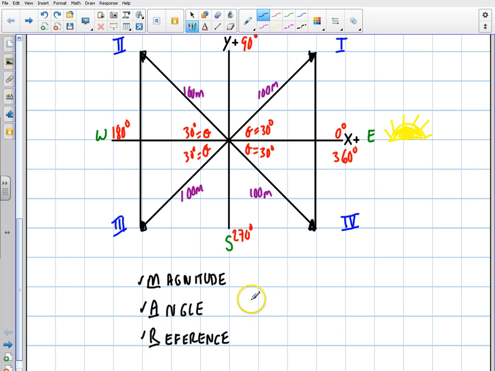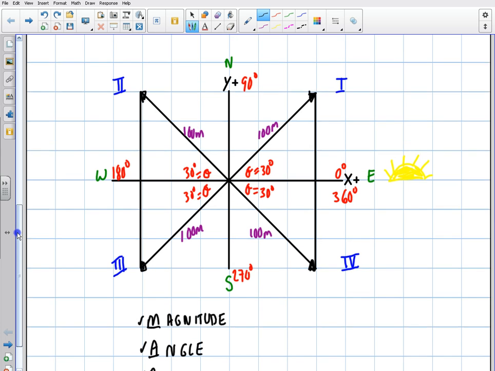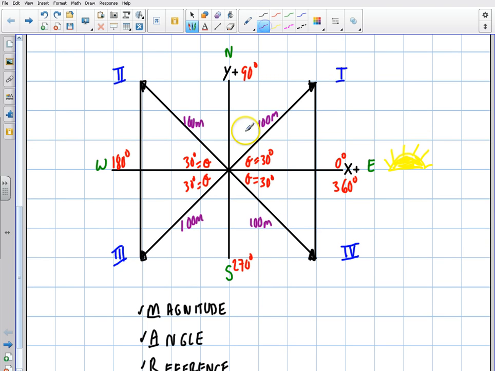Okay, so let's just do an example here. Let's talk about this first vector here. Let's just label them different vectors. I don't know, let's say this is vector A. Let's say this is vector B. Let's say this is vector C. And let's say this is vector D, like this.